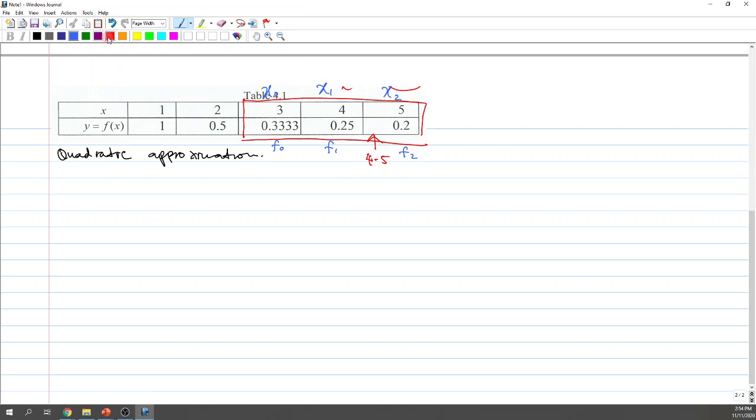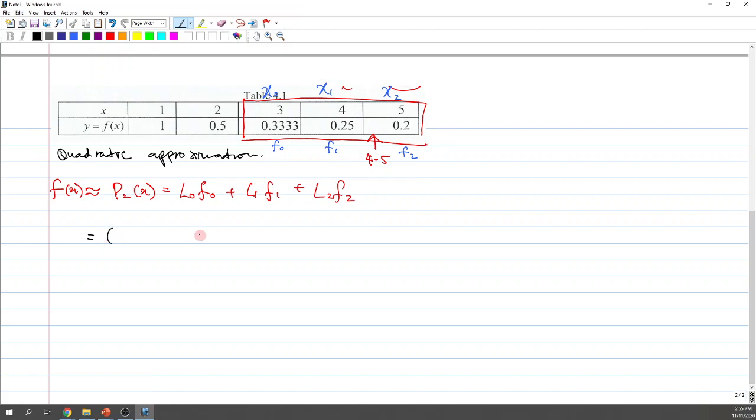So write down first the equation. f(x) equivalent to P2(x) equivalent to L0 F0 plus L1 F1 plus L2 F2. We have 3 points, so we must have 3 components. Sekarang kita nak masukkan ke dalam equation. Kita kena ingat L0 tu macam mana. Sekarang kita nak cari is 4.5.